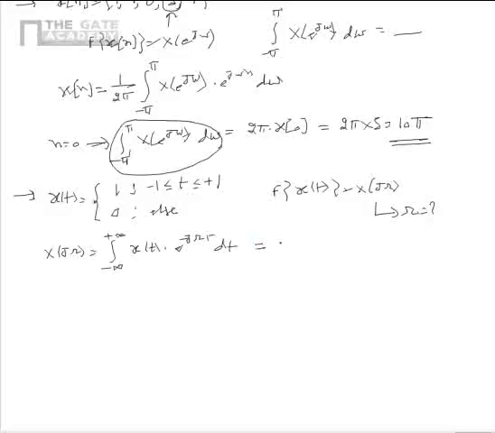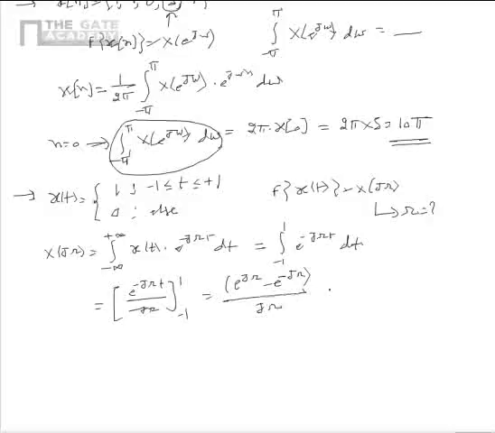Upon substituting for x of t, we get the integral from minus 1 to 1 of e power minus j omega t dt. Upon simplifying the integral, we get e power minus j omega t divided by minus j omega, and the integration limits are 1 to minus 1. So this can further be simplified as e power j omega minus e power minus j omega divided by j omega.